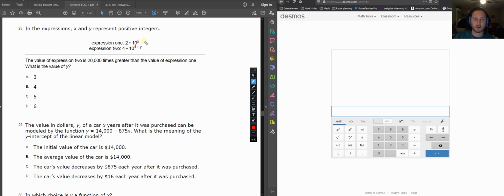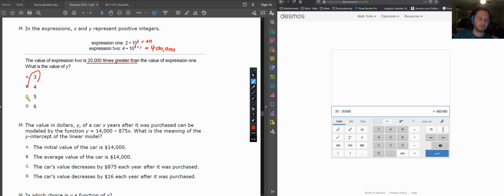So expression 1 would equal, say, 20. So we are trying to figure out what 20,000 times greater than 20 is. So let's find out. 20 times 20,000, we get 400,000. So we're looking for one of my answer choices to equal 400,000.